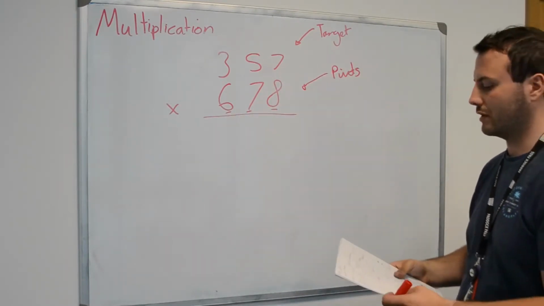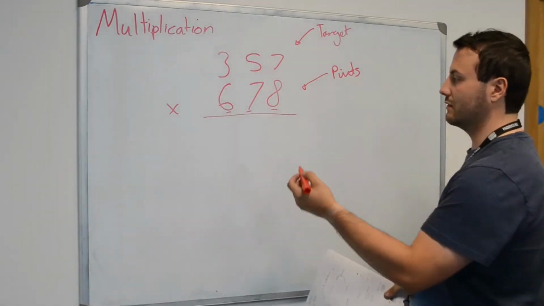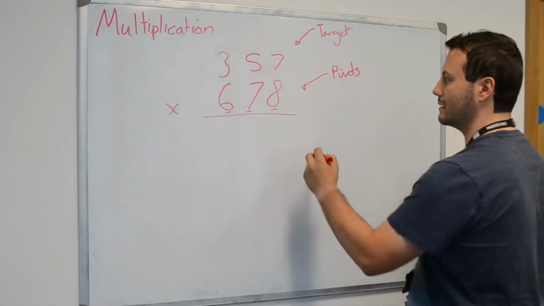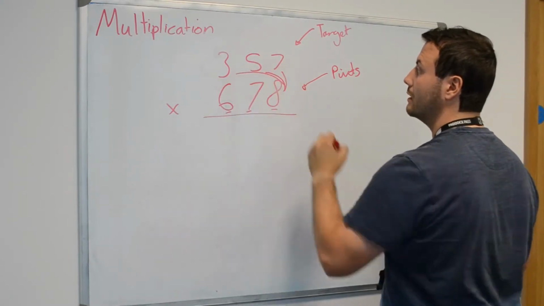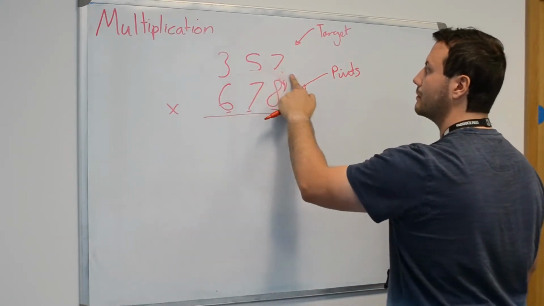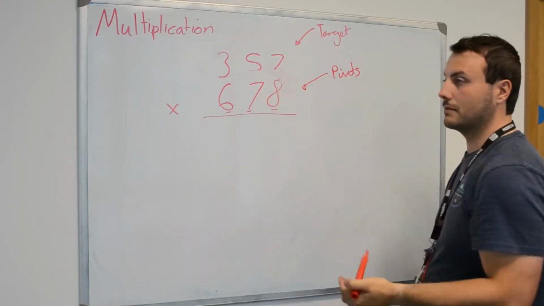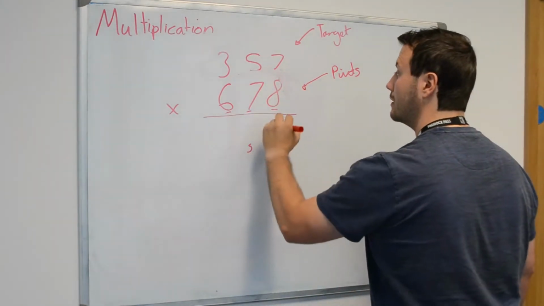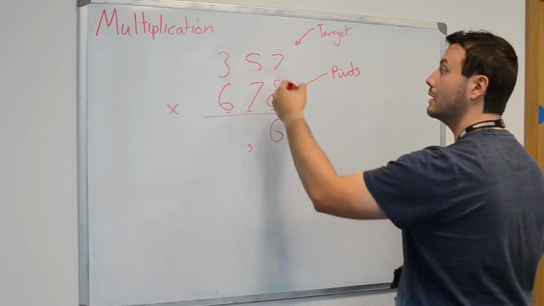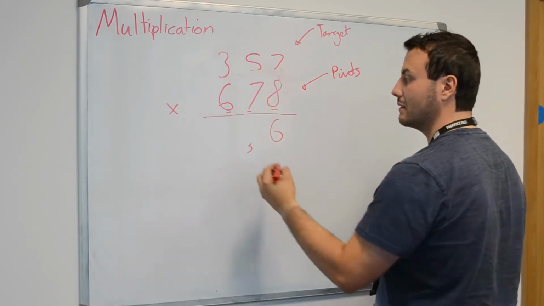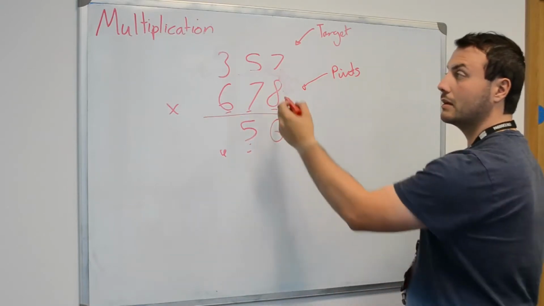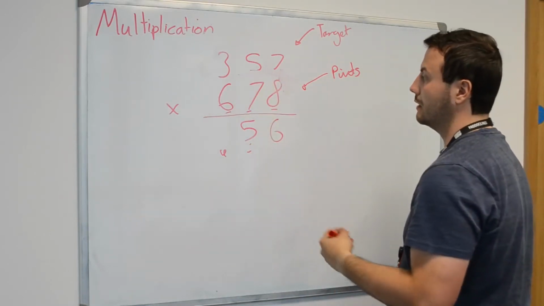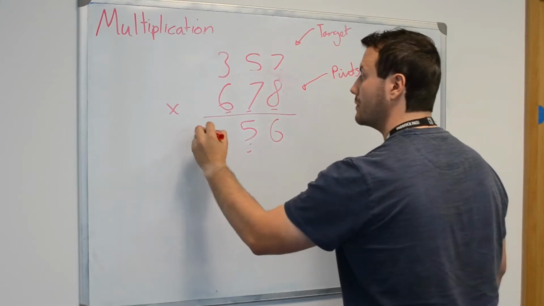So as a walkthrough for this question, first of all, the pivot is the number 8. So I'm going to bounce between 8 and each of the digits in our target. So 8 sevens, 56, 8 fives, 40, plus 5 is 45, 8 threes are 24, plus 4 is 28.